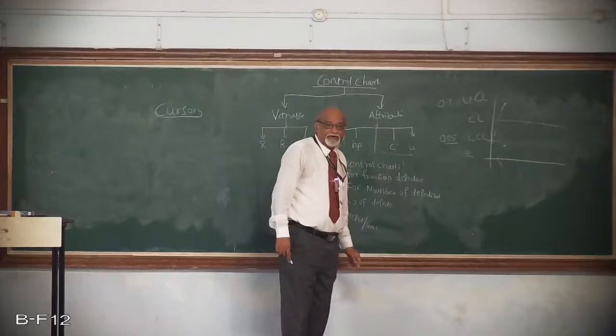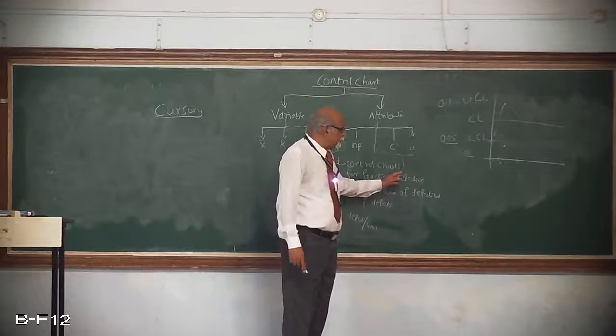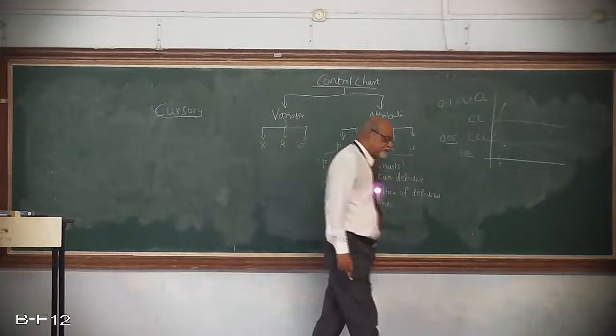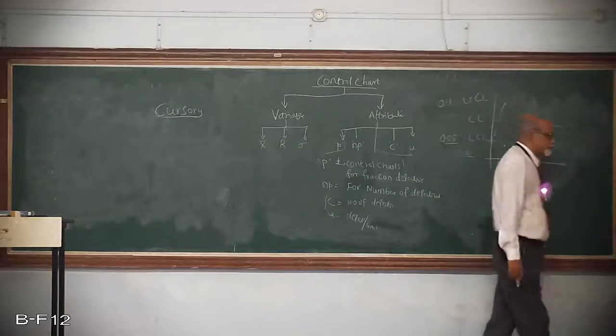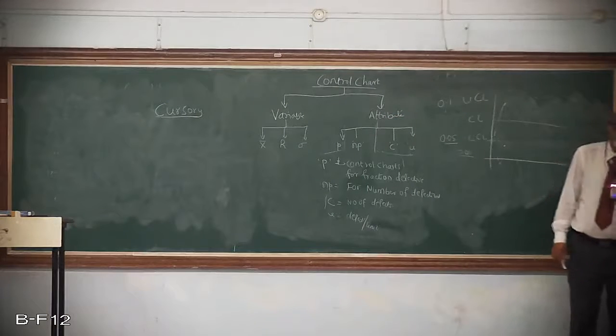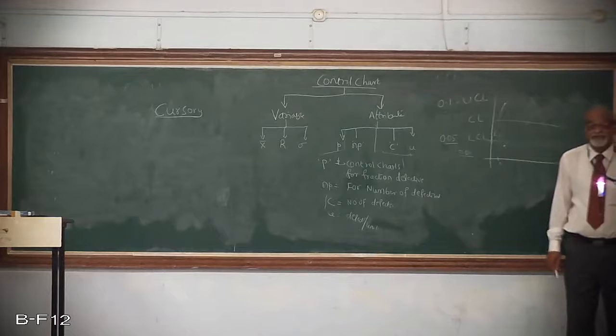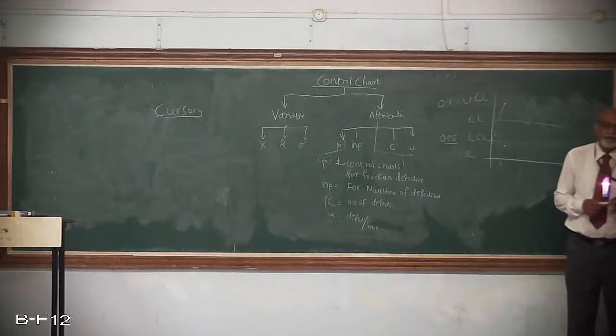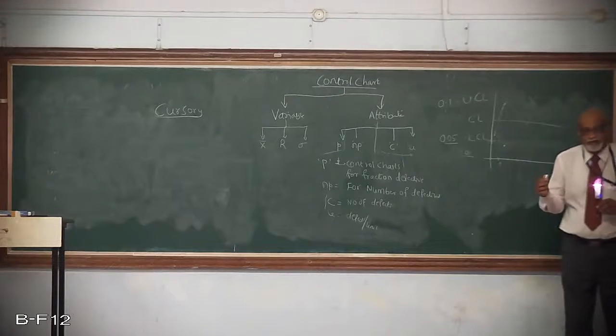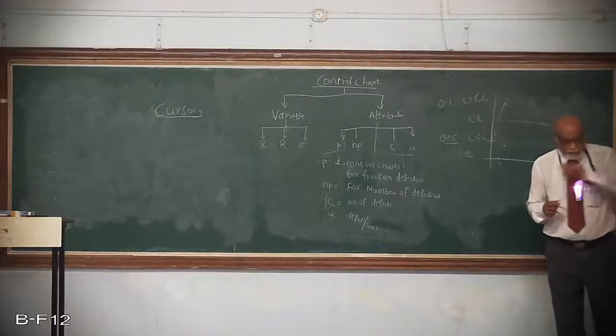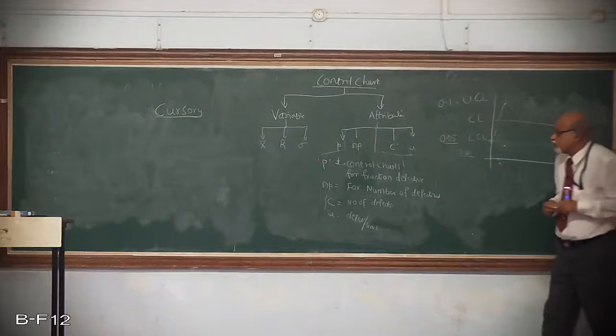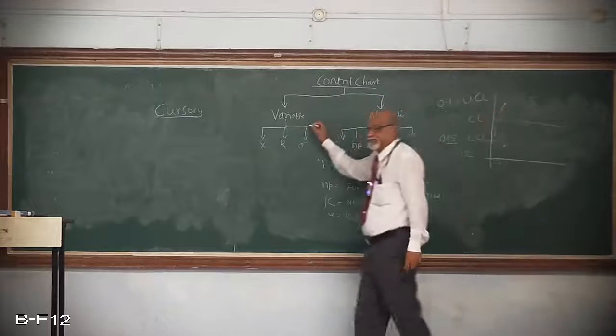Okay? One more thing I want to drive at. You must be wondering now why I had discussed binomial distribution, Poisson distribution. Might not have given much importance to hypergeometric distribution, and normal distribution. Already we know how the normal distribution played an important role in the control chart for variables.